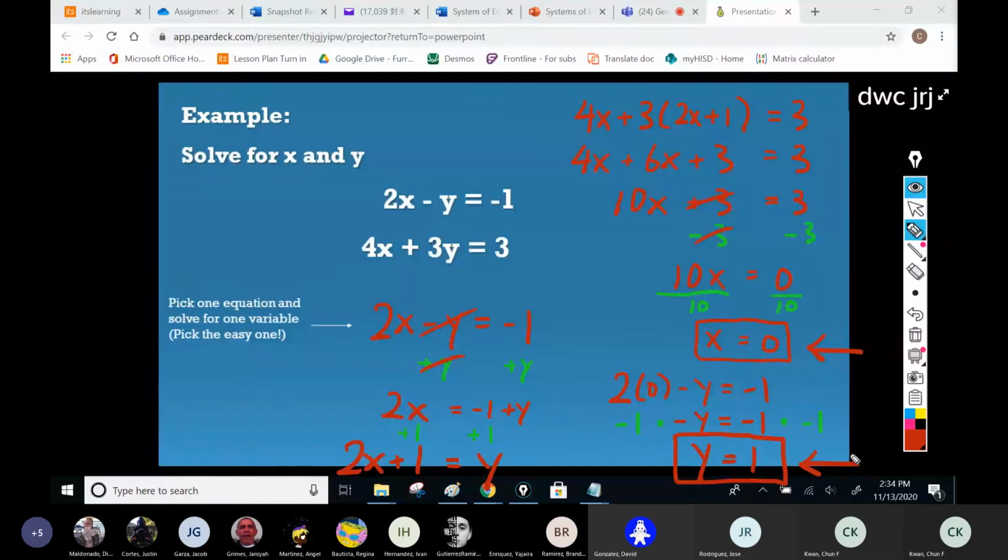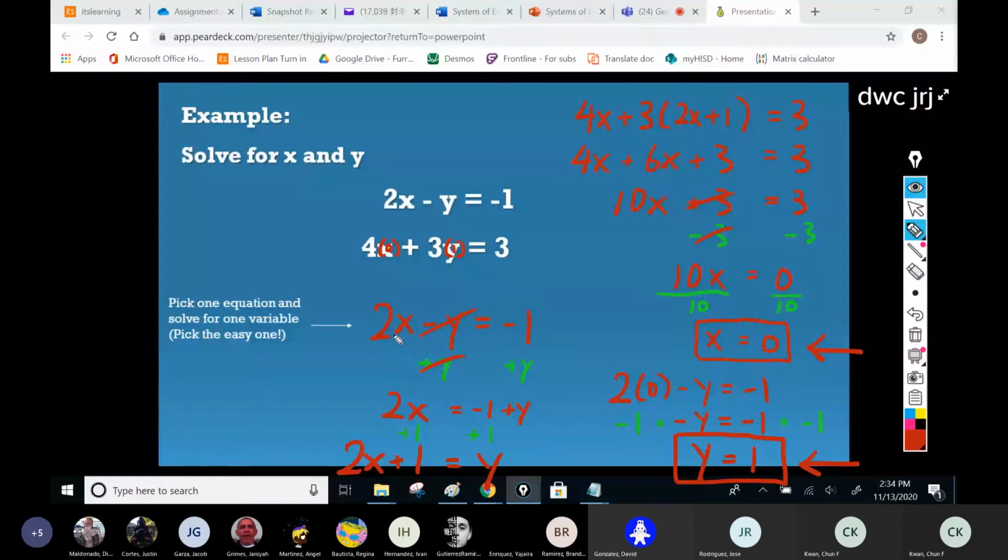All right, so let's just say you want to verify your answer. You want to double check to make sure that you got both of them correct. You can plug these two back into either equation. It doesn't matter. So how about we put it back into the second equation? I will plug the 0 in, and then I will plug the 1 in.